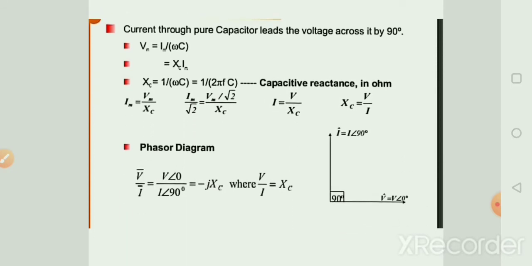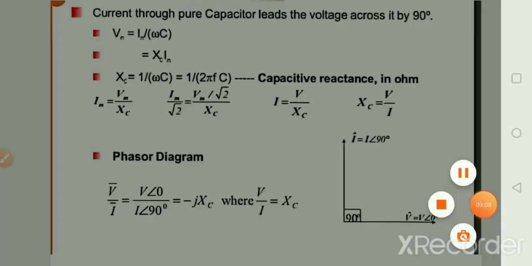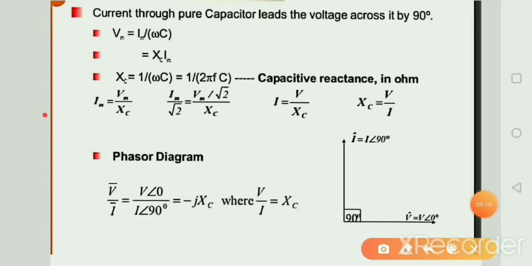Now we know that Vm equal to Xc into Im, and Xc equal to 1 over omega c. If we calculate Xc for the capacitor, the value is 1 over omega c, and we know that omega equal to 2 pi f, so its value is 1 over 2 pi f c.